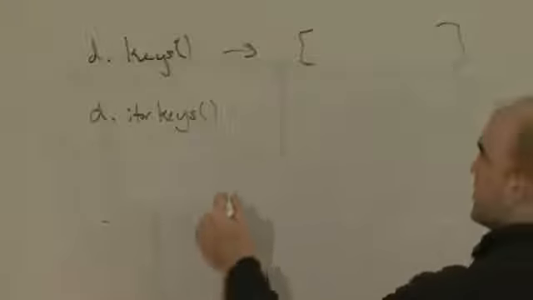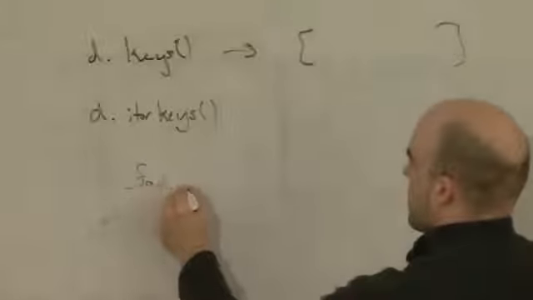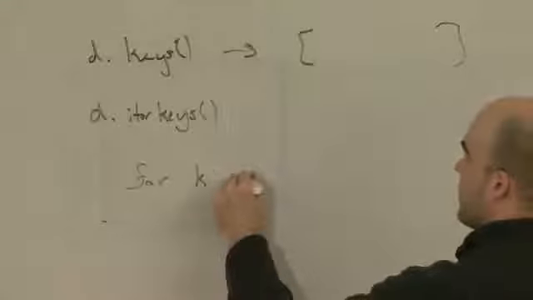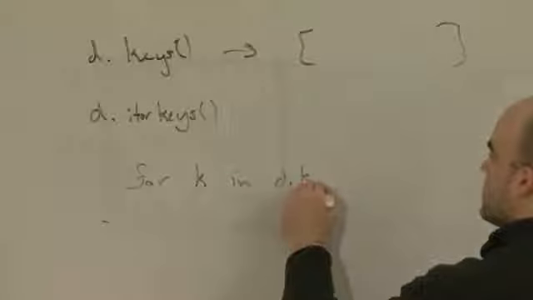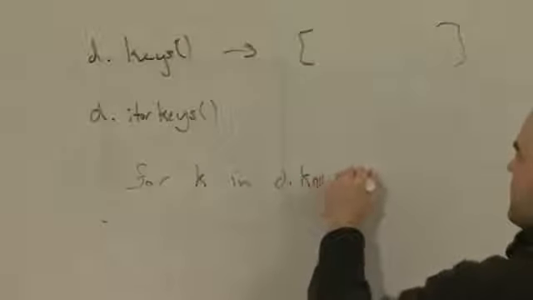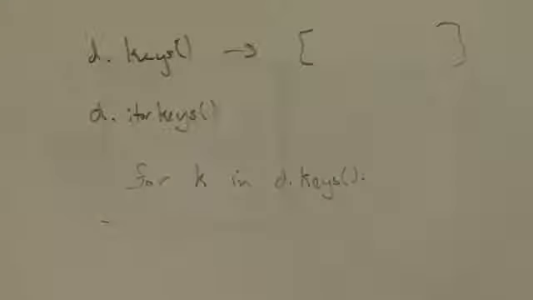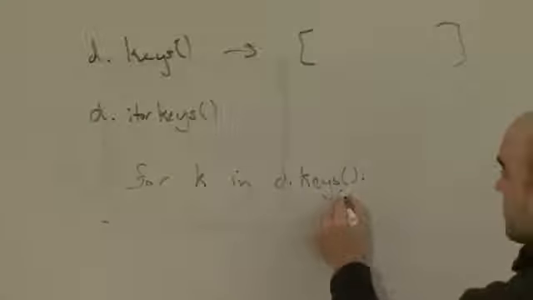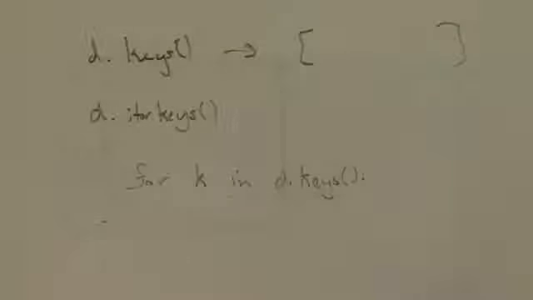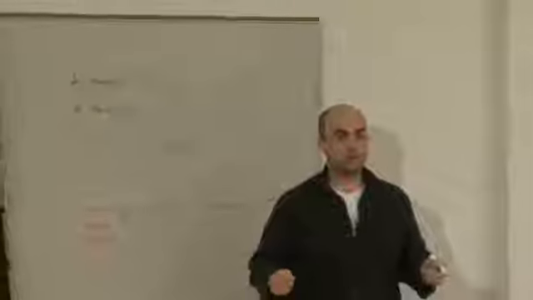So a lot of times in your code you will use something like for k in d.keys to iterate through all the keys in the dictionary. What this method does though is it creates an actual copy of that list of keys, right? So when you call d.keys, if you have a lot of keys in your dictionary, it's going to go one by one through each of those keys, add it to a list, and then return it to you.